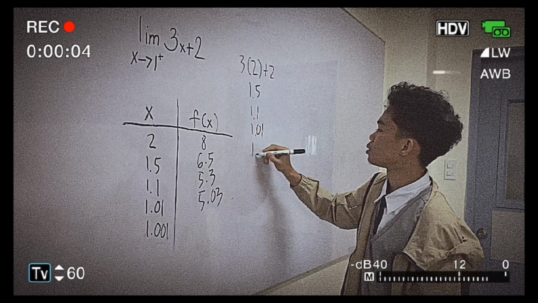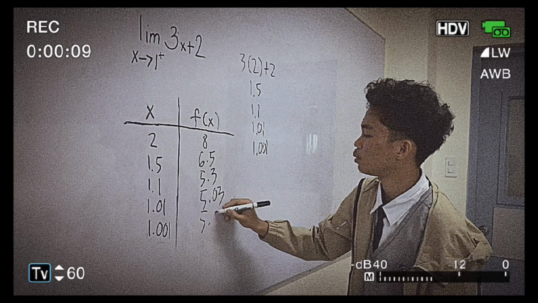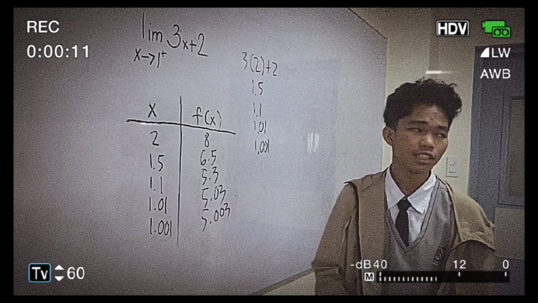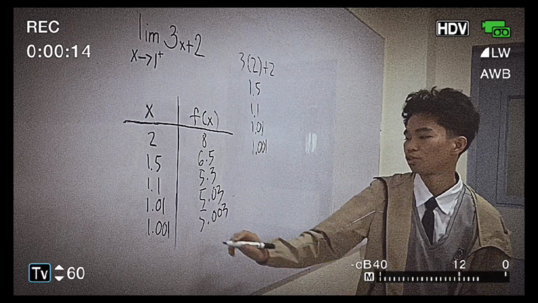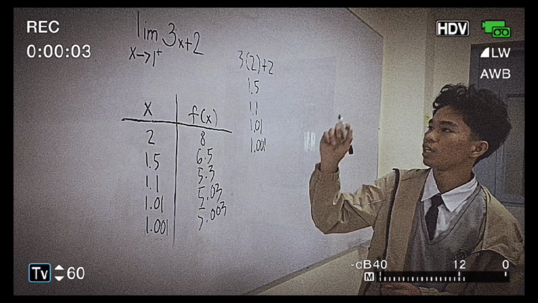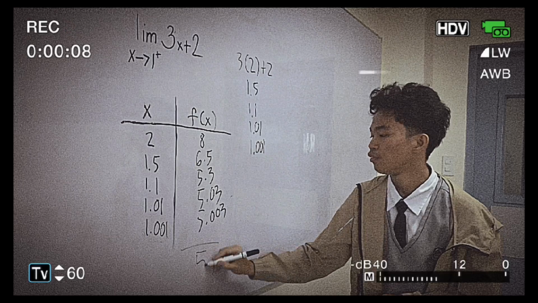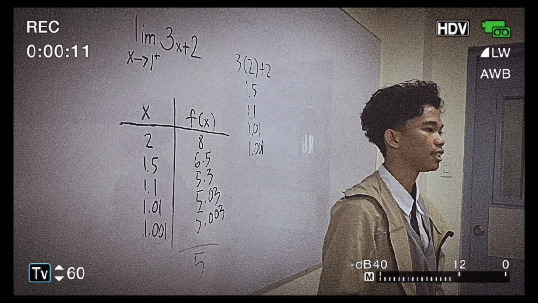And 3 times 1.001 plus 2 equals 5.003. We can see that the right-hand limit also approaches 5. So now we can say that the limit of 3x plus 2 as x approaches 1 from the right is equal to 5. Now the limit exists.